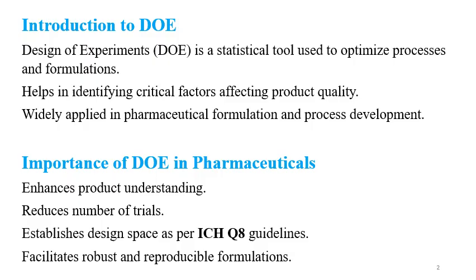Design of experiment establishes a design space, which is given in the ICH Q8 guideline, and this design space will give you the ranges in which, if the product is developed or manufactured, it will meet the quality requirements.